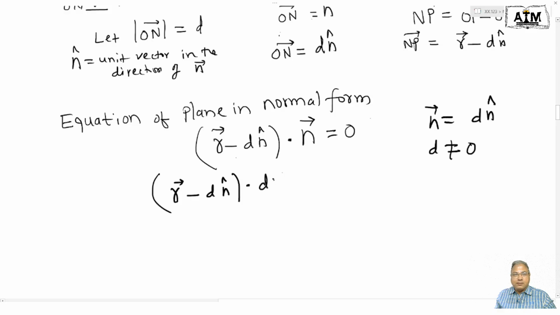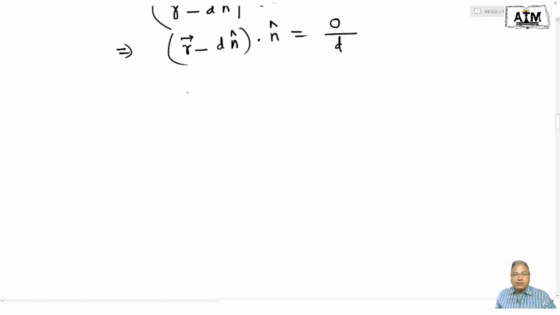Therefore, vector R minus D n cap dot with n cap equals 0, dividing by D. Now opening the bracket, R dot n cap minus D n cap dot n cap equals 0.